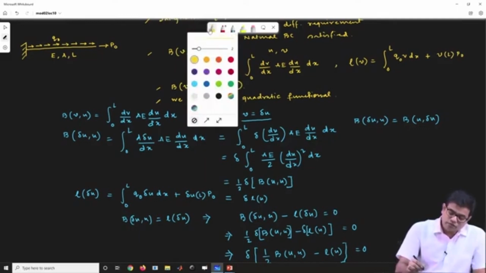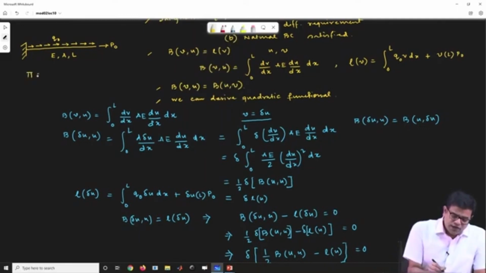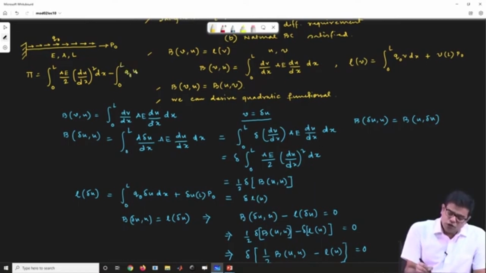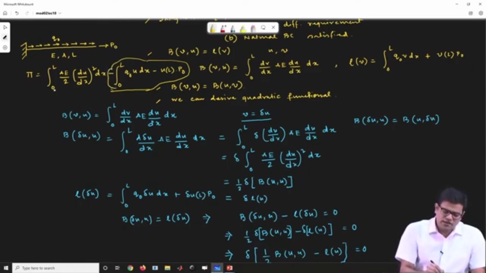For instance, the potential energy of this bar is integral 0 to L of A by 2 into (du/dx) whole square dx, minus integral 0 to L of q0 u dx, and the boundary term, that is u at L into p0. This is nothing but the work done, so the negative of work done, and the other is the strain energy.